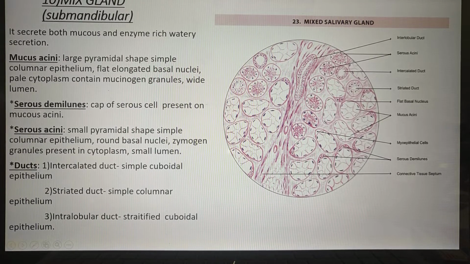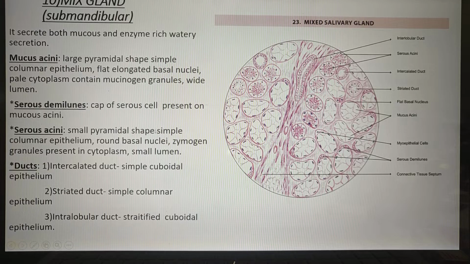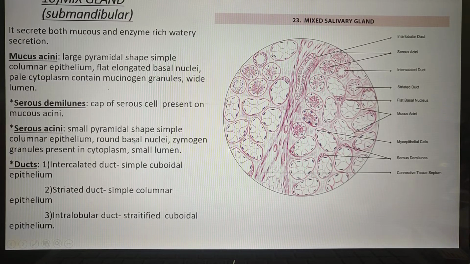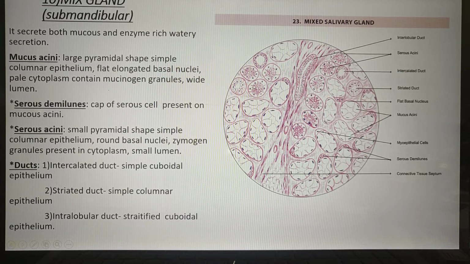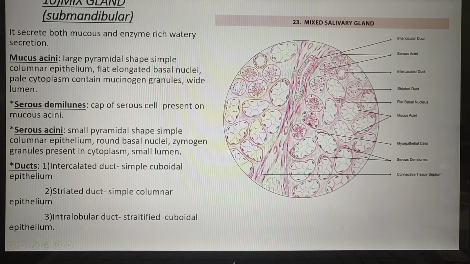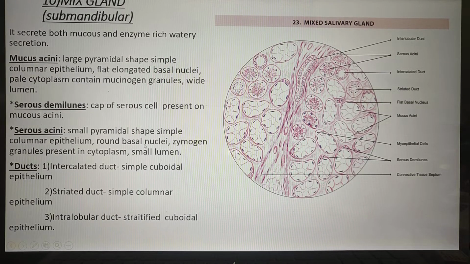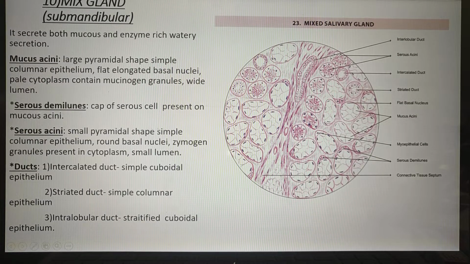Serous acini are small and pyramidal, with simple columnar epithelium and round basal nuclei. Here you can see the round basal nuclei and zymogen granules present inside the cytoplasm. These are the serous glands, and there is a small lumen compared to the mucus gland.